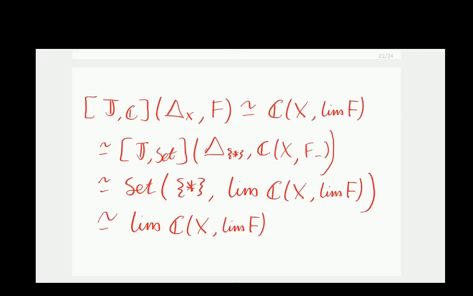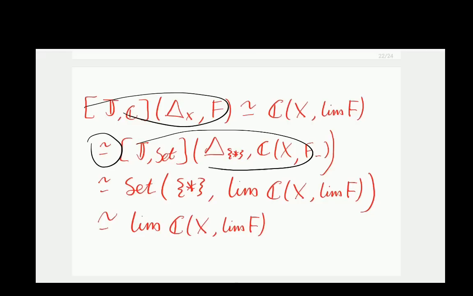Okay, so what's going on here? We're starting off with this set of arrows from x to the limit of f, and then the definition of limit, or the adjunction behind limit, gives us that this is naturally isomorphic to this. So we get this. Now we've just described why this isomorphism should hold between this and this.